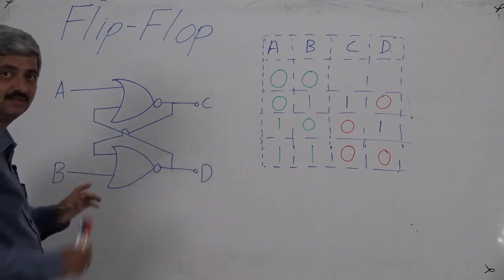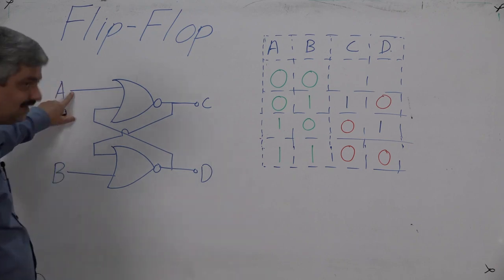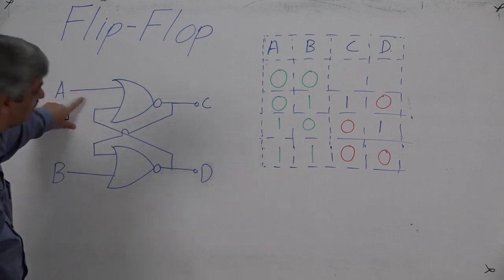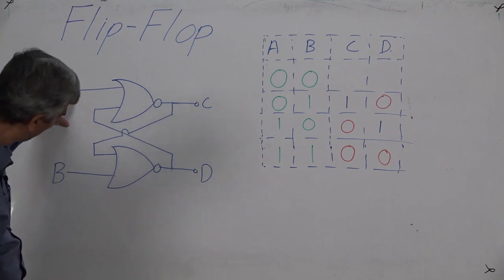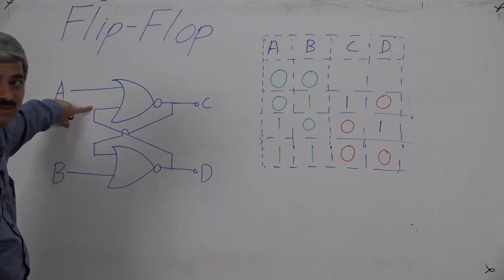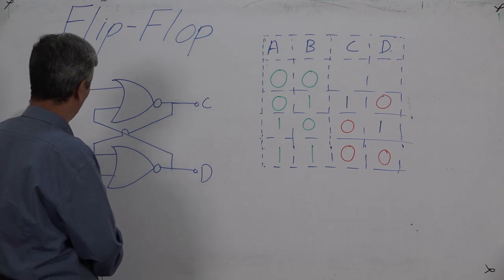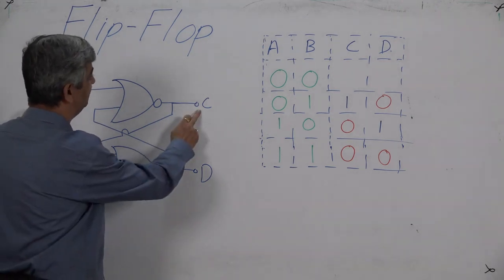Are you getting me? For an OR gate, if one input is 0, output is the other input, and for a NOR gate, if one input is 0, output is the complement of the other input. So when A is 0, you cannot now comment on C.